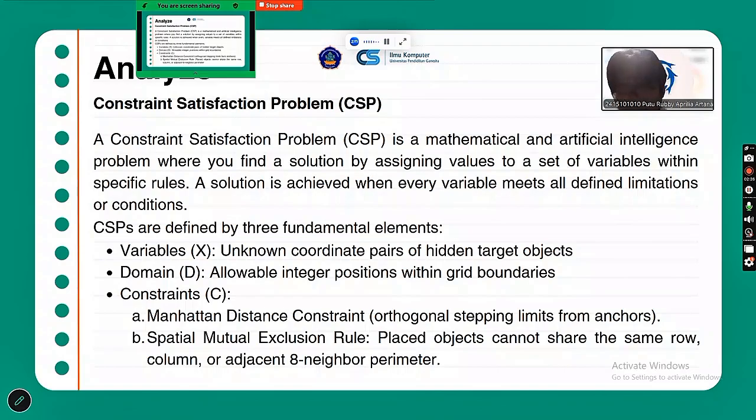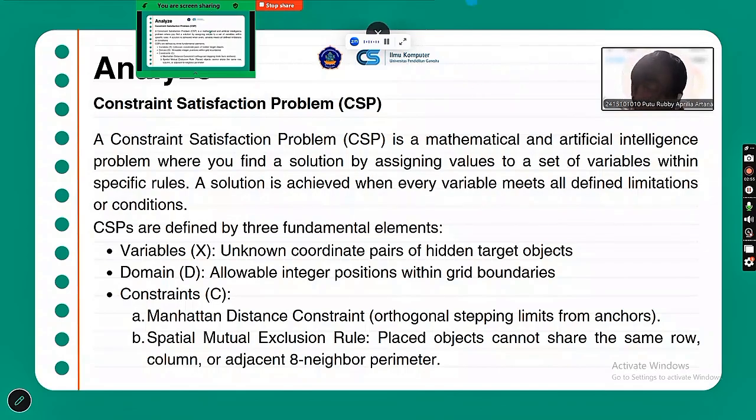So actually the n-queens problem is one of the representative problems of the CSP. The n-queens problem is a classic representative of the CSP, or constraint satisfaction problems.